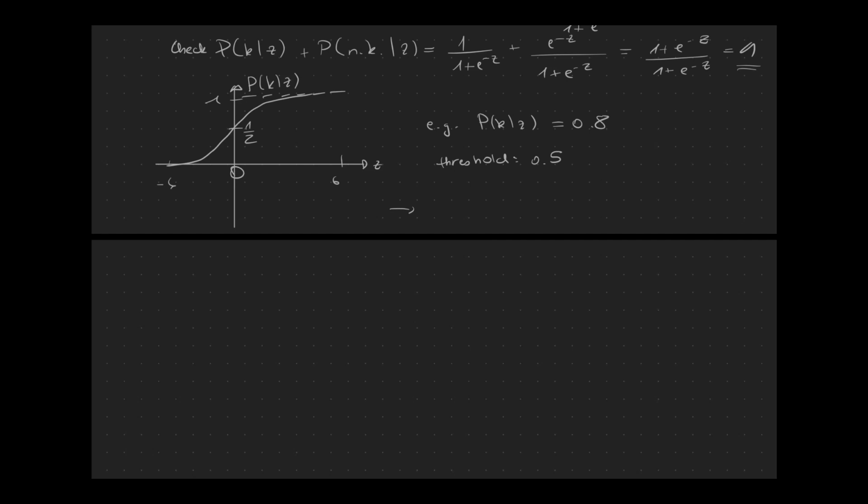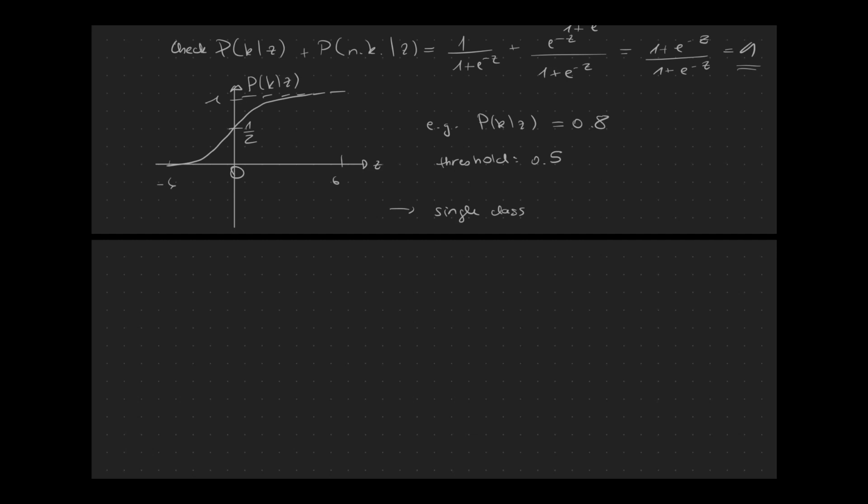So that is as easy as it gets. The sigmoid function is suited for single class problems or binary class problems, because we can either say that we have class A and B, or we could say we have class K or not class K. This is the same, just different wording.